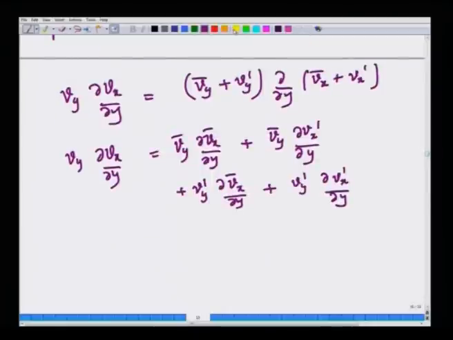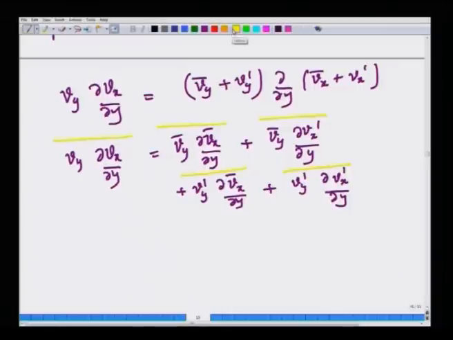Okay. So if I average this entire term, all the 4 terms are present. So clearly the average of a product of 2 quantities is not the product of the averages, because that is only the first term, but there are other terms to worry about.